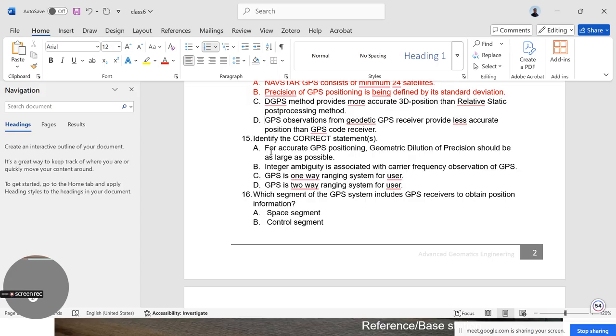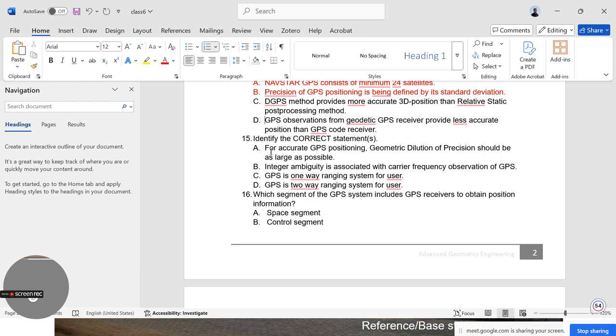Second option is integer ambiguity is associated with carrier frequency observations of GPS. Integer ambiguity, as you can tell from the name, comes when we are measuring the observable as carrier waves.